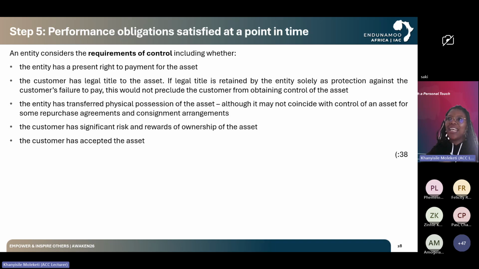Or you'll conclude it's when the house is signed off by the inspector, and that's a point in time. You don't have to quote these, but you must highlight what the point in time is and explain why you perceive that to be when control transfers.